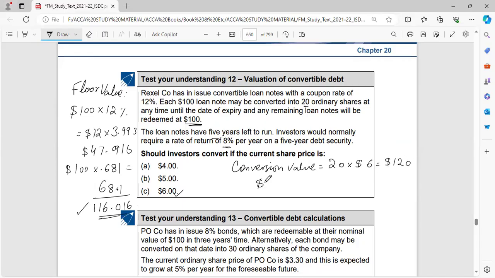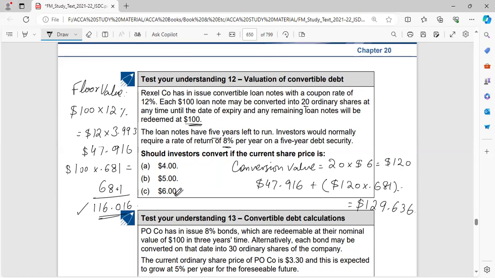Now the annuity value of interest will be the same, whether I go for redemption or conversion, but the conversion value is multiplied by the present value factor: 120 into 0.681 plus 47.916. So here I have 129.636.